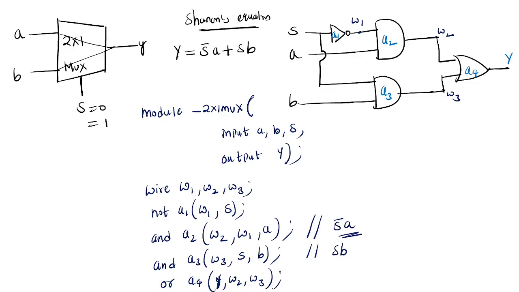So this is nothing but my Y equal to S bar A plus S into B. Then end module. Like this you can write the code for 2 cross 1 mux using gate level modeling. Is it fine? Did you understand? Shall I move forward?